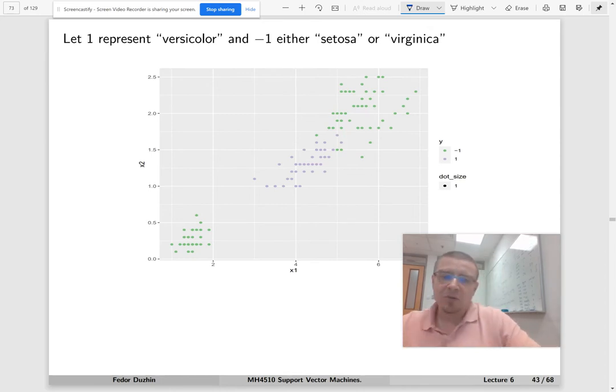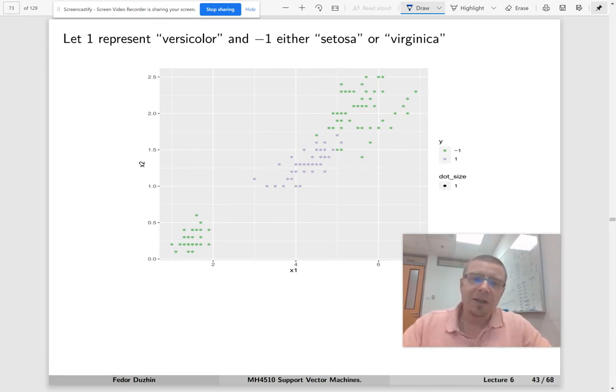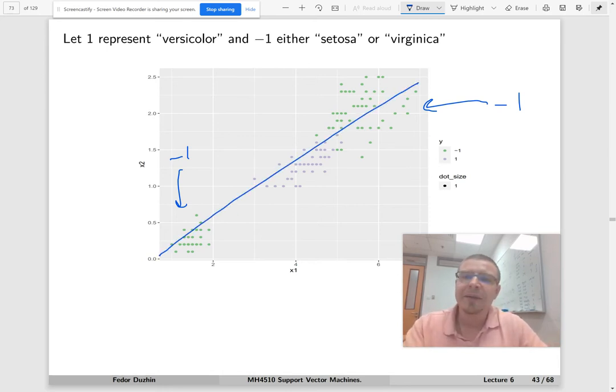So now I'm going to classify versicolor versus the other two. So -1 means either setosa or virginica. So it's -1 here and -1 here. And of course, if you just try to separate them by a straight line, it doesn't make sense. It's impossible.